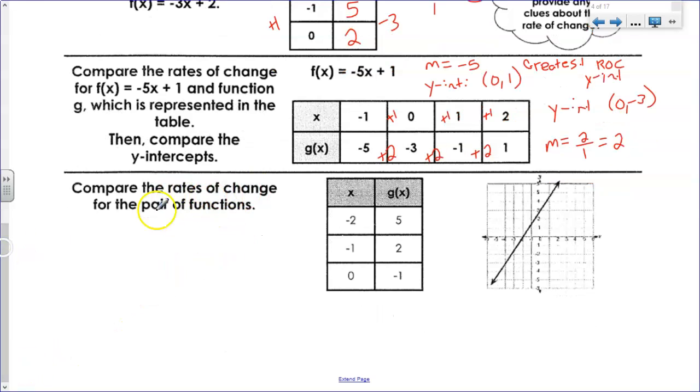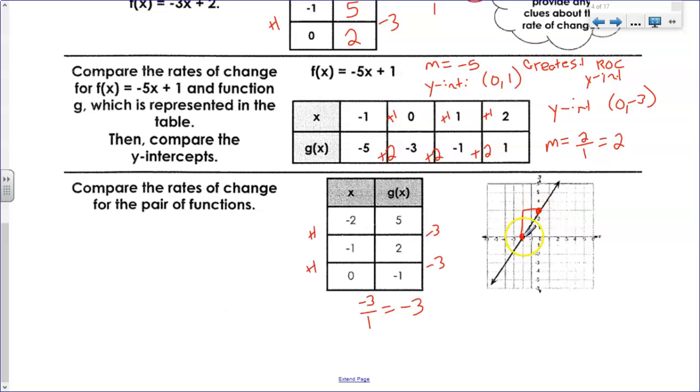So now we're going to compare the rate of change here. 5 to 2 would be subtract 3, 2 to negative 1 would be subtract 3. Negative 2 to there is 1, and 1. So here we have negative 3 over 1, which is just negative 3. Now I'm looking at this line here. If you remember, you can find 2 points on that line, and you can draw a triangle either going up or going down.